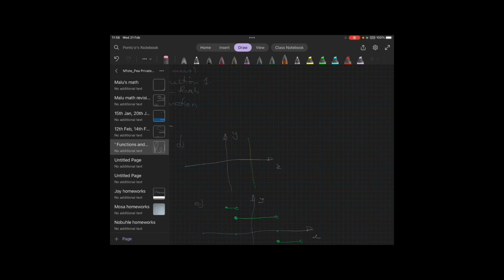one to many, where one x value maps onto many y values, is not a function. If we have a straight line that goes vertically like that, it's one x value, correct? But how many y values do we have? 2.